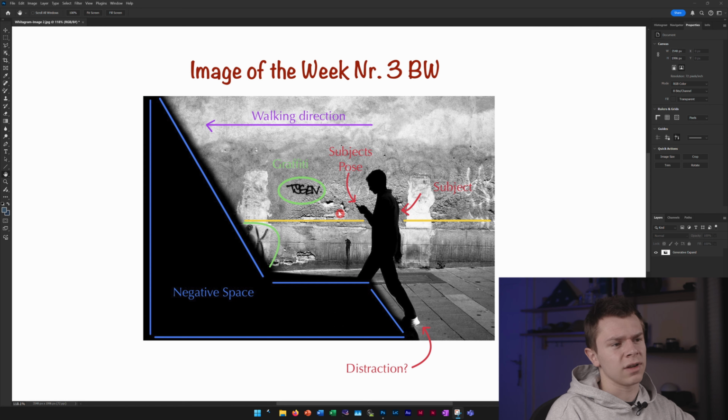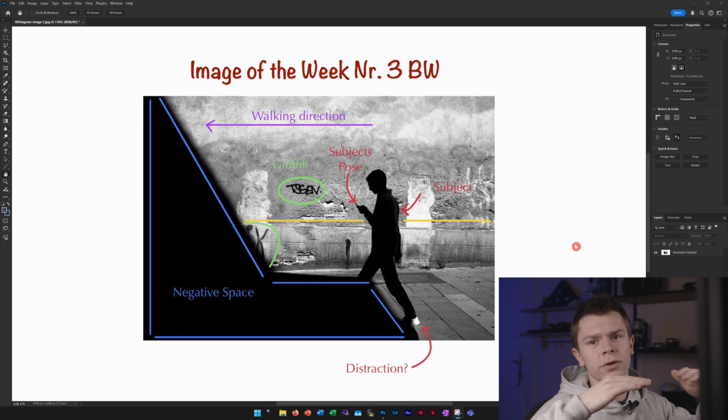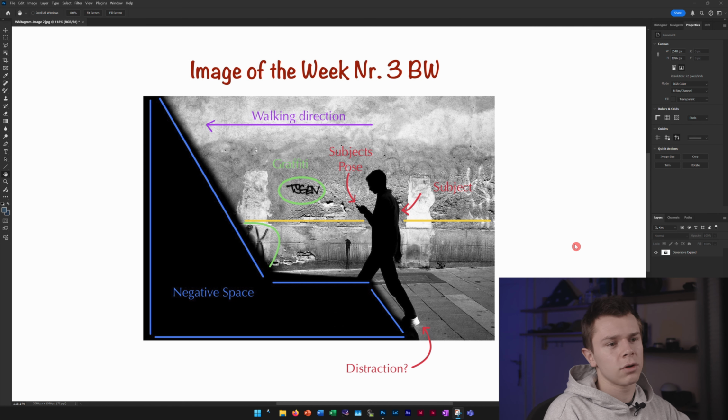And yeah, that's the second thing which kind of bothers me. It's not destroying the image by not having perfectly horizontal lines in the background, but for my taste, having everything nice and clean would have helped.